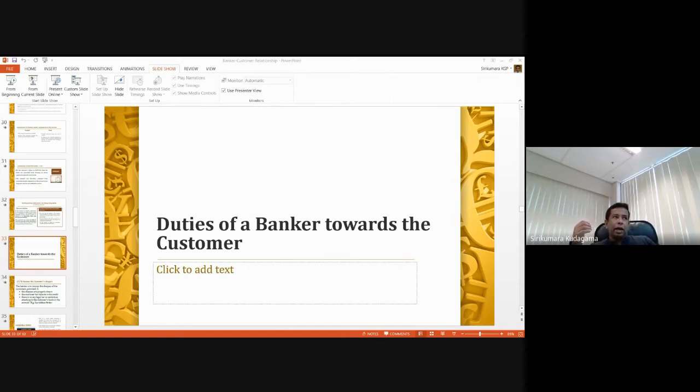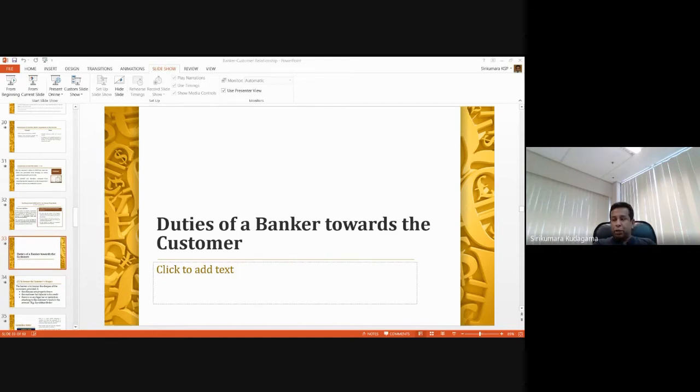Then we went on to discuss duties of a customer towards the bank, where we identified that in terms of the common law principles, there are two main duties that a customer owes to his bank. Those are Macmillan's duty and Greenwood's duty. That is basically to draw checks in such a way using reasonable care so that the bank is not misled and frauds are not facilitated.